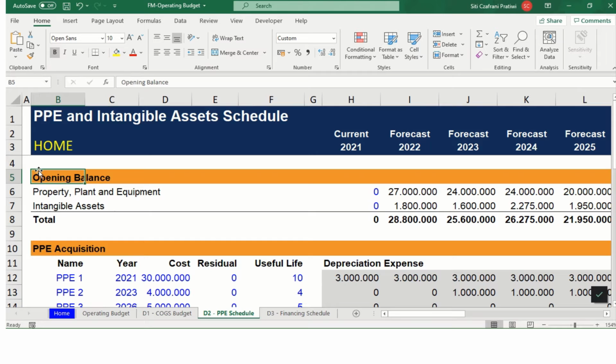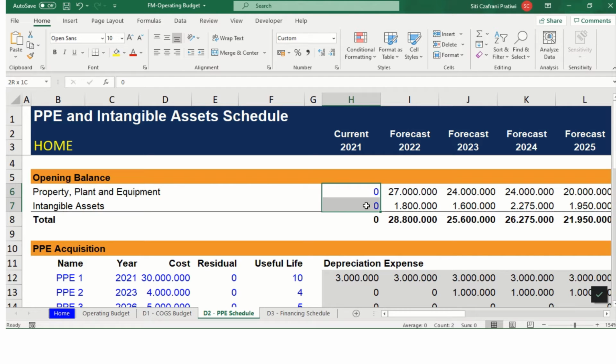The opening balance defines the beginning balance at the beginning of the period for each forecasted year. For instance, here in year one, or year 2021, the beginning balance of your PPE and intangible assets is zero.